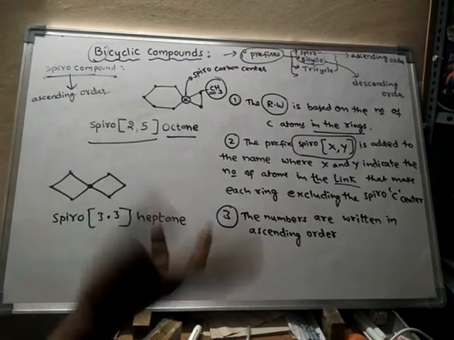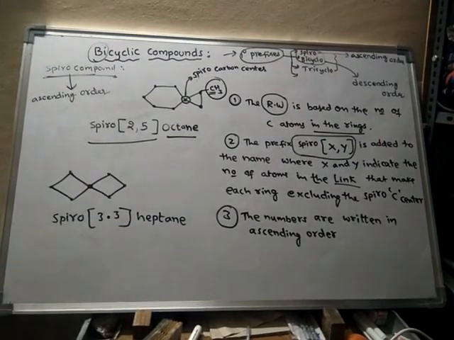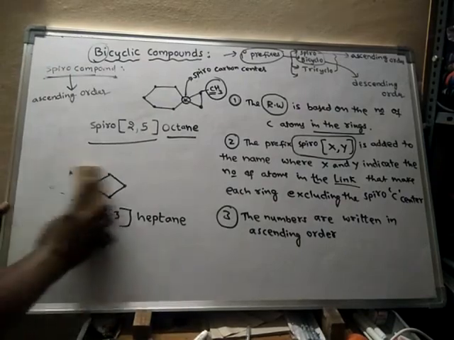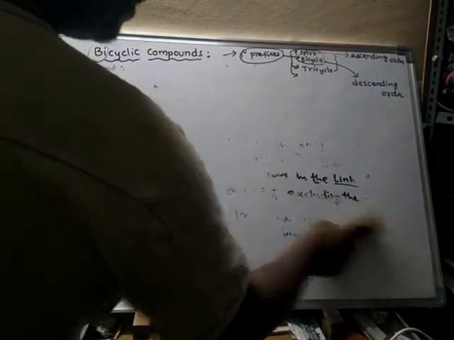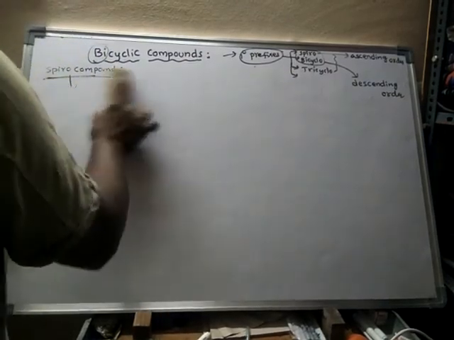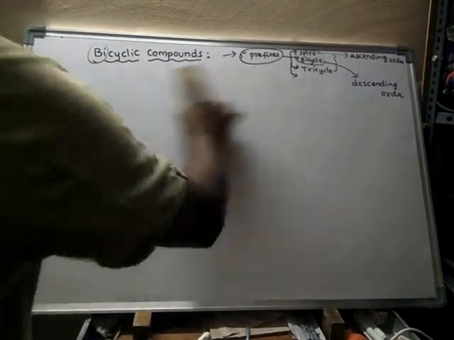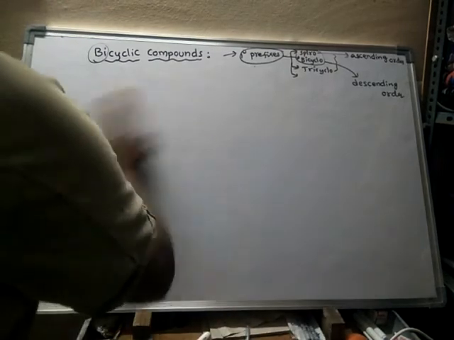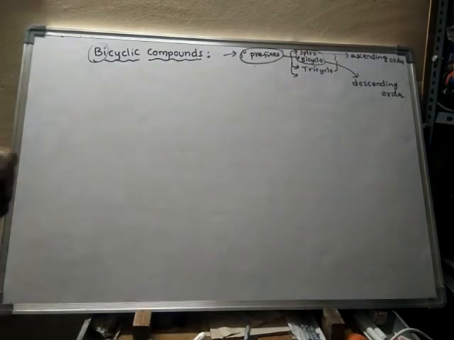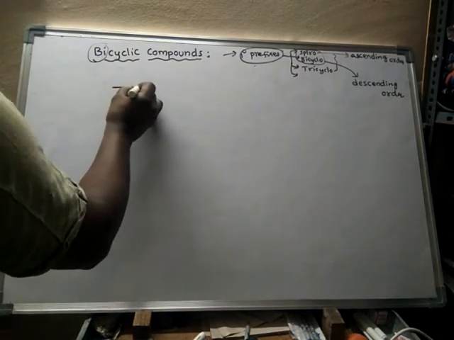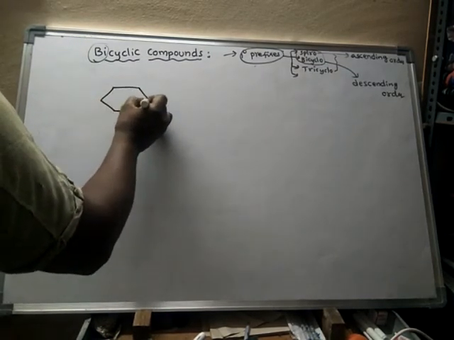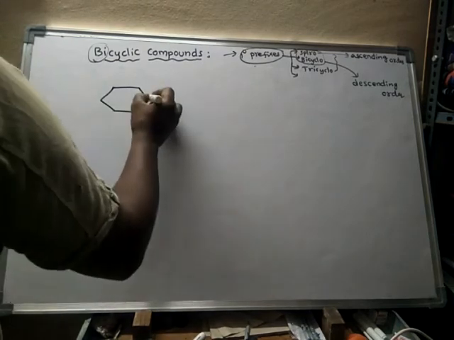Suppose there is a functional group. Then how to write the name of the compound? If there is a functional group in the spiro compounds, how do we write the name? Suppose there is a compound like this.